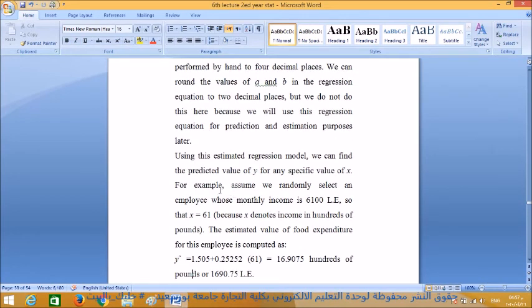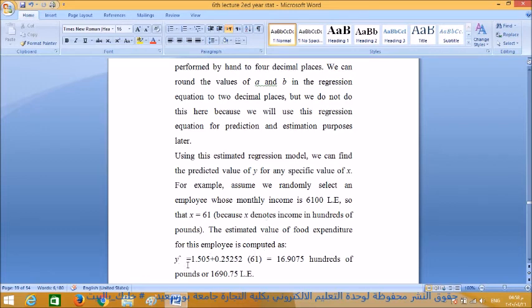Now look, assume that we want to estimate y hat when x equals 61, that is, hundreds of pounds. So when the income is 6,100, because the units are in hundreds, x will be 61. We omit the two zeros because the unit is hundreds.